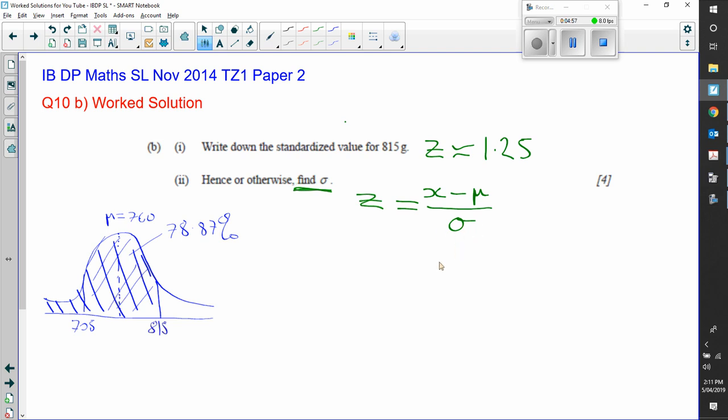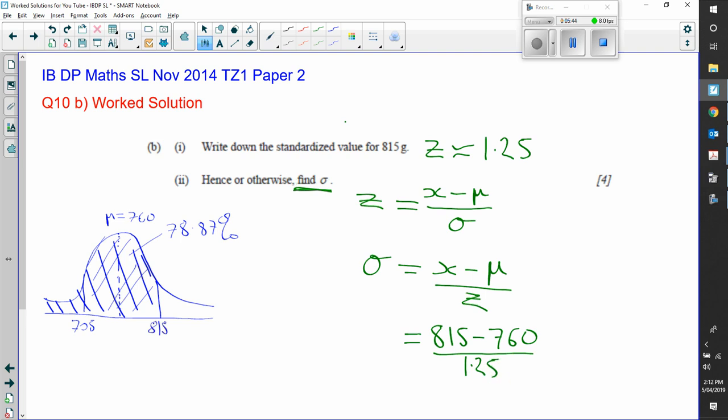I'm going to multiply both sides by sigma to get it out of the fraction, so that would be sigma multiplied by Z. Then I'm going to get rid of the Z by dividing by Z. So sigma will be equal to x minus the mean, over our Z score. Let's substitute our values in: 815 minus the mean, which is 760, divided by our Z score, which is approximately 1.25.